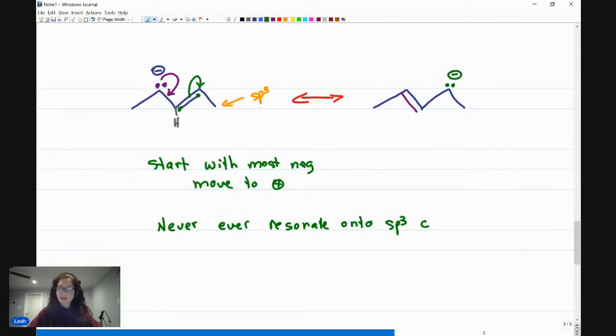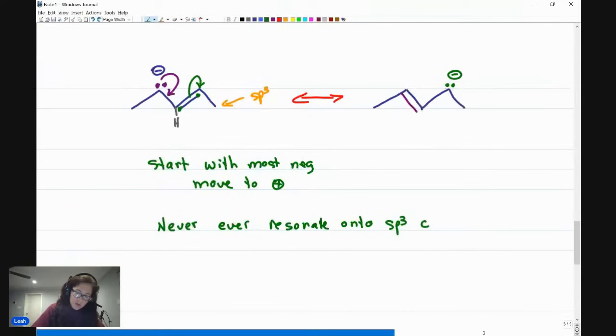Or the way that I like to think of it is if this carbon here had a negative charge, negative means too many electrons. A lone pair is 2 electrons. A bond is only 1 electron, so it went down from -1 to 0. Well, technically it went up from -1 up to 0, and that's why it's neutral.